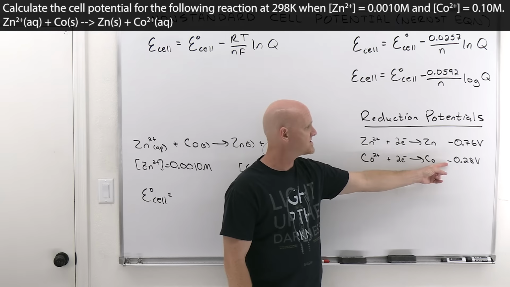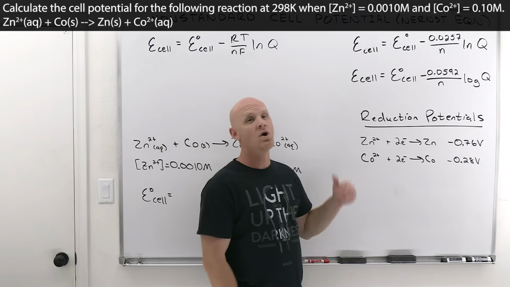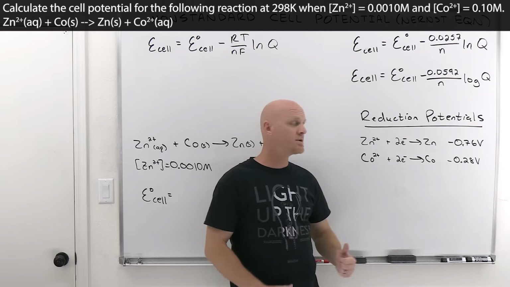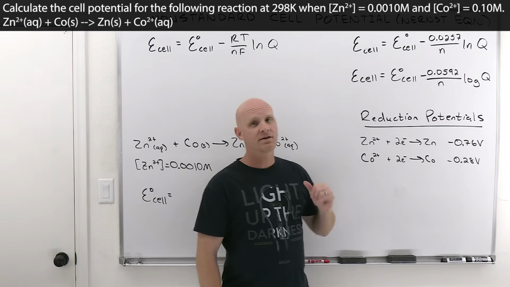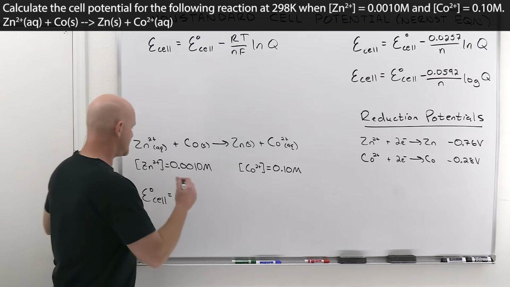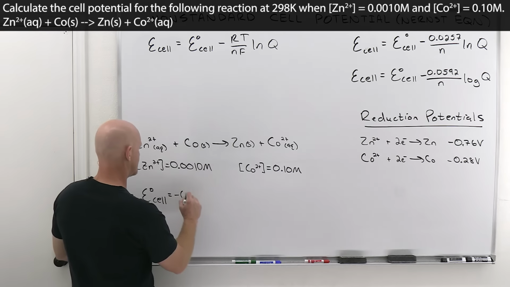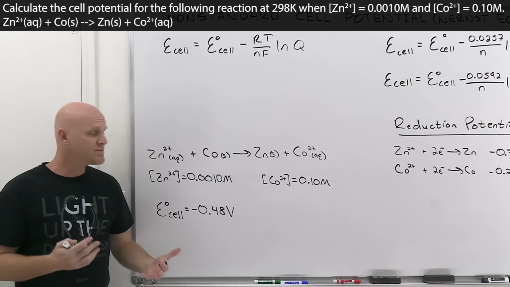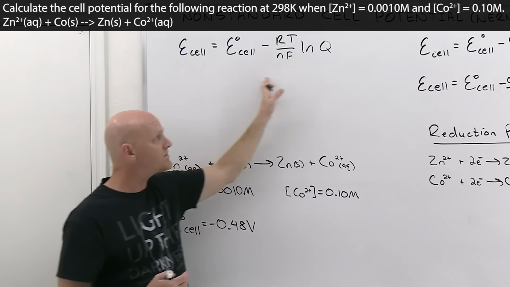And whether I change the sign and then add it to negative 0.76, or whether I do cathode minus anode, where the minusing changes the sign for me, either way, it's going to be negative 0.76 plus 0.28 volts. And so your E standard here is going to be negative 0.48 volts.